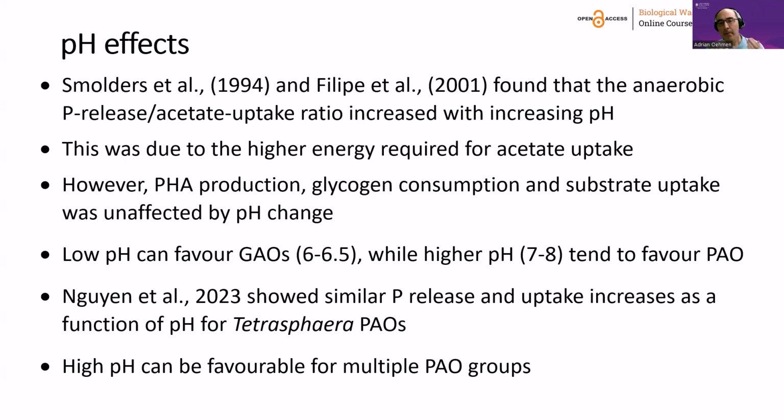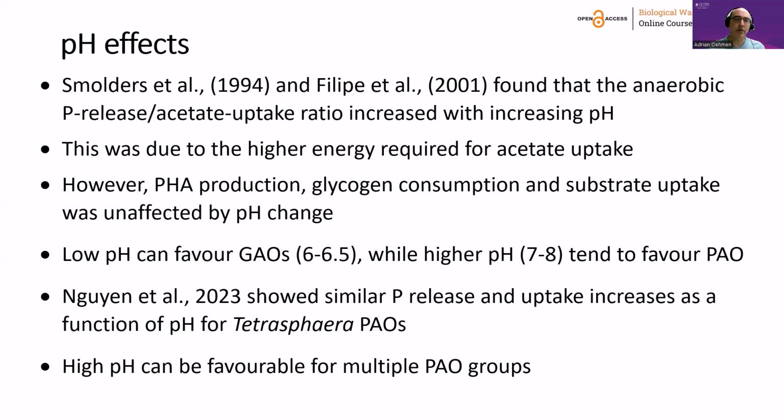So in terms of other parts of conventional PAO metabolism, PHA production, glycogen consumption, substrate uptake kinetics, those were found to be largely unaffected by pH changes. Okay, so it was mostly an impact anaerobically.